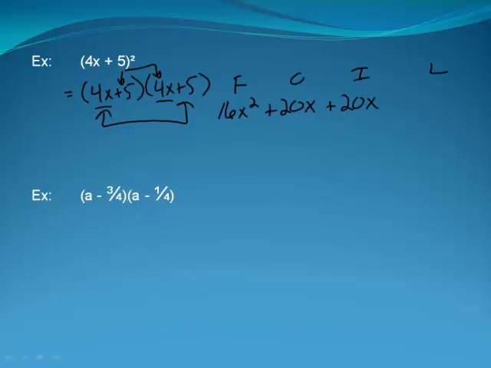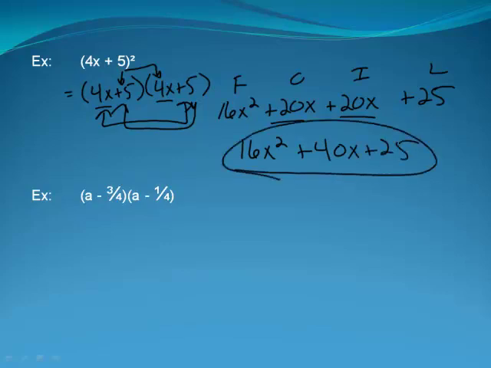And then our last two, positive 5 times positive 5, is plus 25. Combine like terms, and you get 16x squared plus 40x plus 25, and then everything left are unlike terms, and since that's addition, you have to have like terms to go further.